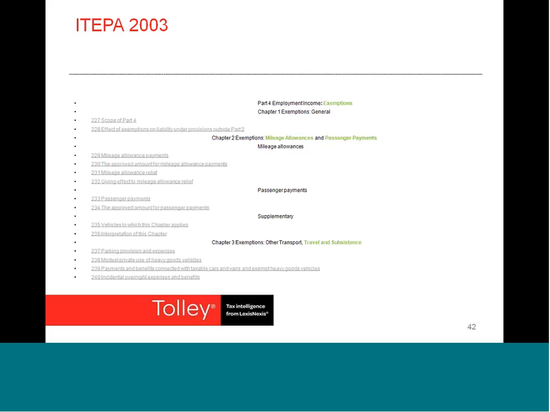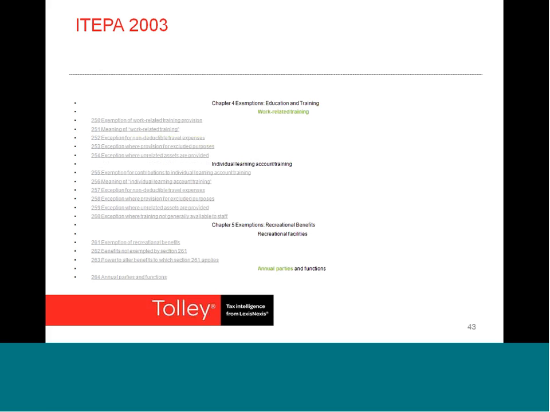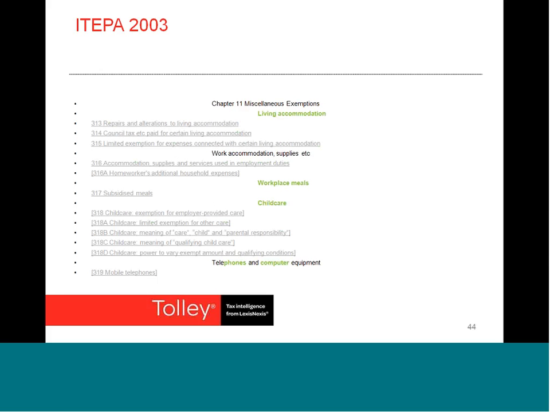Now we're on to exempt benefits, not taxable, green, so things like mileage allowances, travel and subsistence, work-related training, annual parties, well, up to a certain amount at least anyhow, certain living accommodation, i.e. job-related, workplace meals, childcare, phones, that sort of thing. So what I'm doing here is I'm using colour to help me quickly flick down through the contents page as a memory jogger to remind myself of what's taxable and what's exempt.